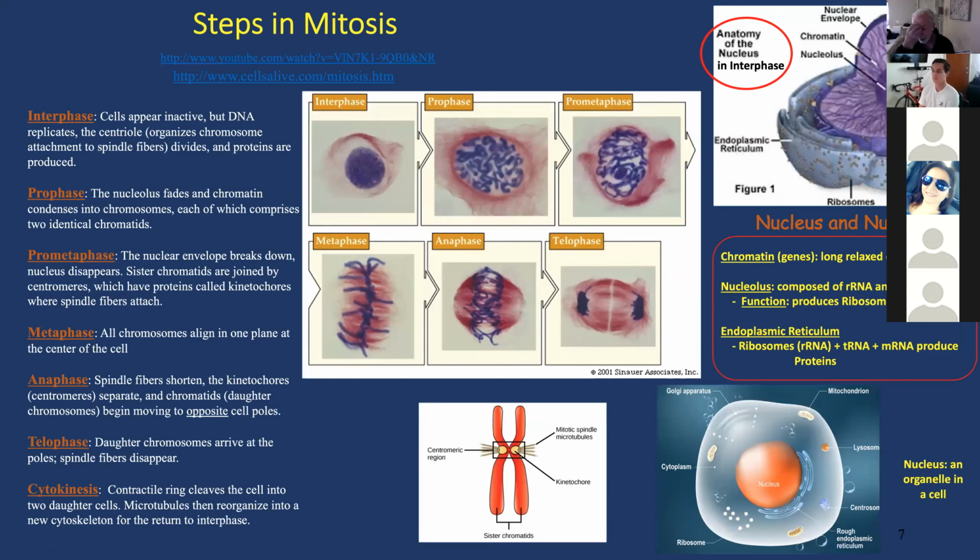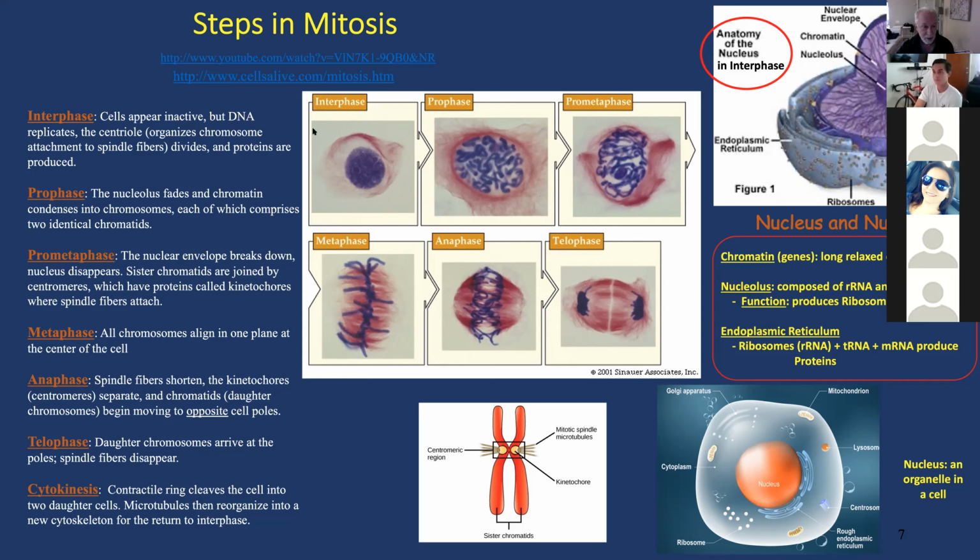So this slide we'll spend a little time on because you need to remember most everything that's on this slide. So let's start with the various different phases of mitosis. And if you want to watch a video, the URL for the video is given here.